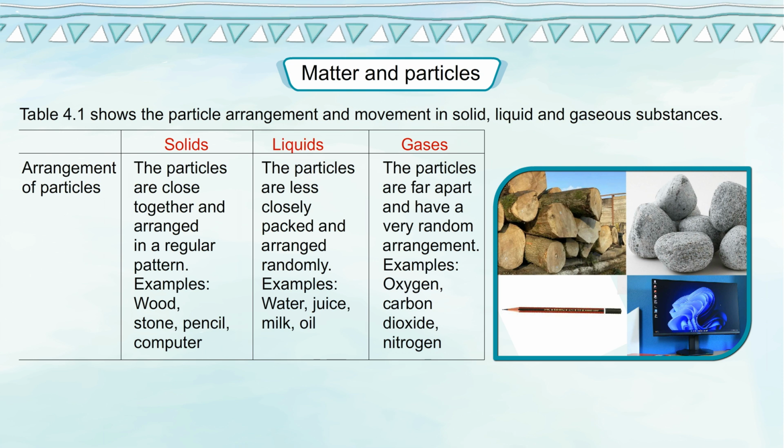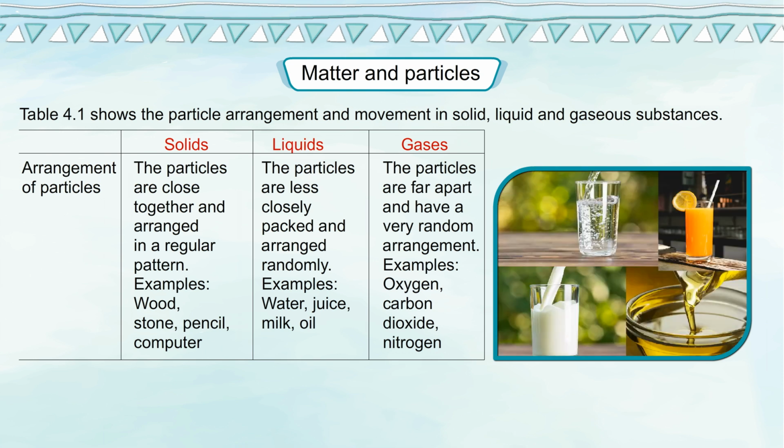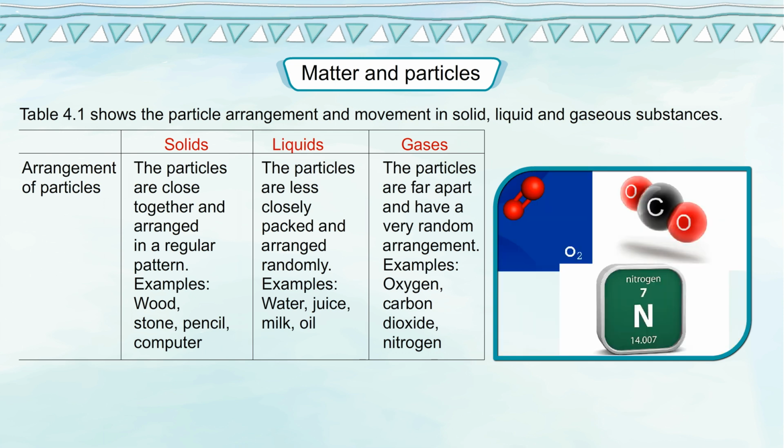Examples: wood, stone, pencil, computer. The particles are less closely packed and arranged randomly. Examples: water, juice, milk, oil. The particles are far apart and have a very random arrangement. Examples: oxygen, carbon dioxide, nitrogen.